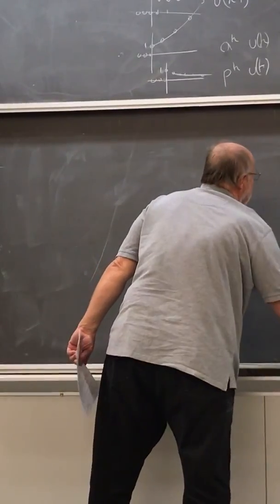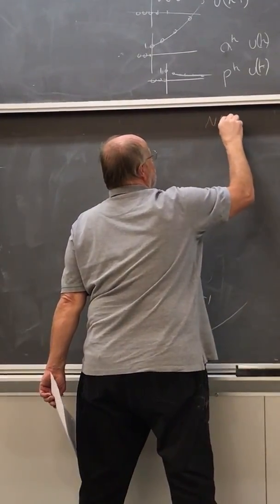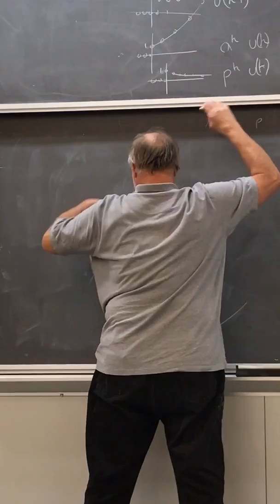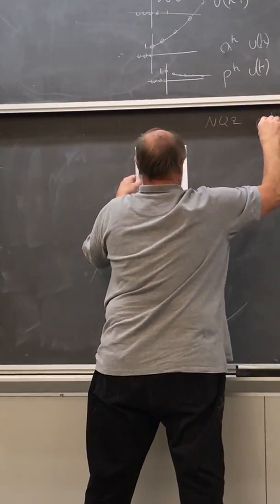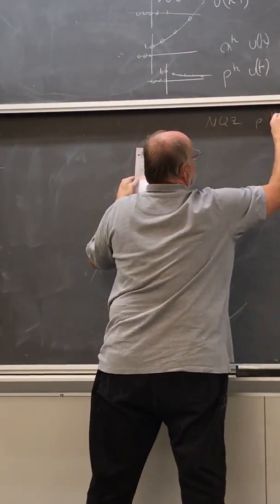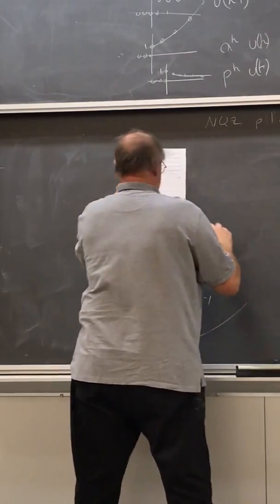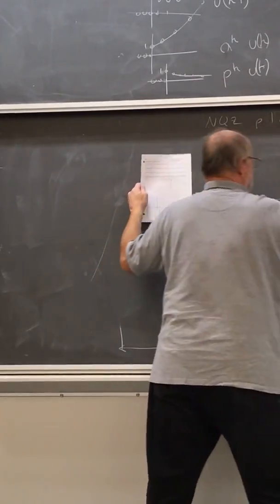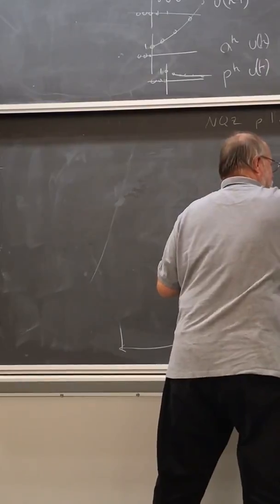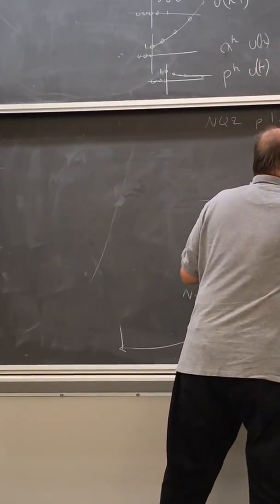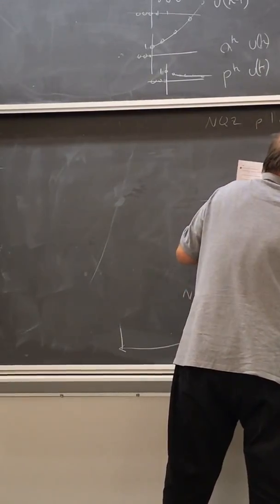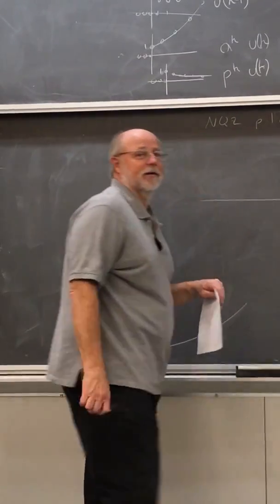Because I have given you, this is NQ2, problem 1D. I have given you a drawing here with these plots all over. So it's very easy to find points in this complex plane, right?